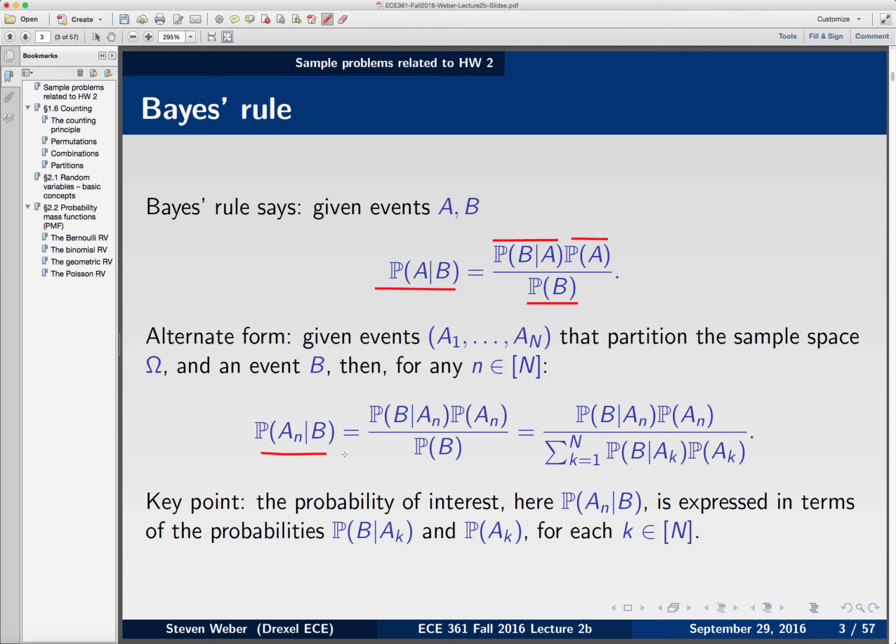Rather, we're given information of the form probability of B given each of the AKs and the probability of each AK. It is in this setting that Bayes' rule becomes most powerful.